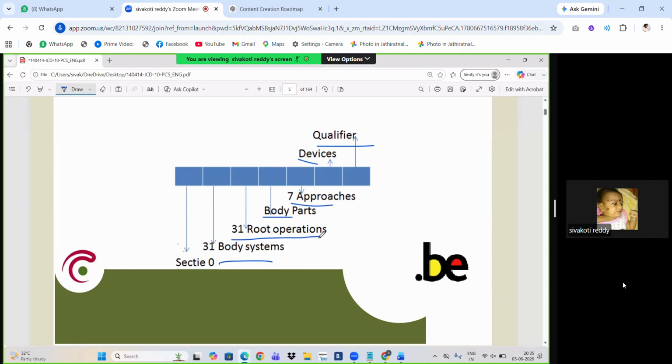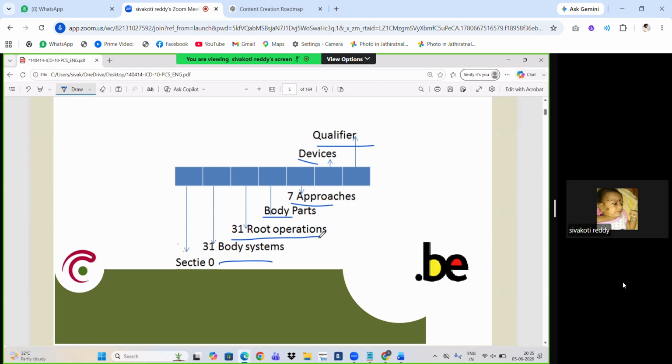But exactly what procedure they performed, we have not found yet. You find just the body system, the body part, what approach they used, whether they placed a device or not, whether there is any qualifier or not. But what procedure they performed, what action they did, we have not identified up to now.